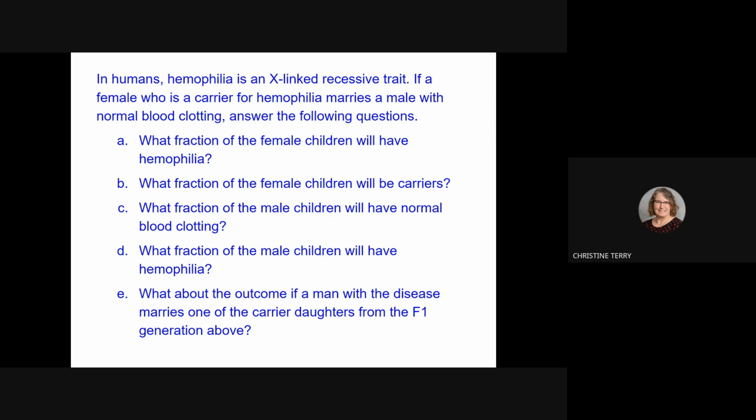So when I say she's a carrier, what that means is that she's heterozygous, because this is a recessive trait. If she has the recessive allele, but also a dominant allele, she's not going to show that trait. She has offspring with a male who has normal blood clotting, so we automatically know his genotype.